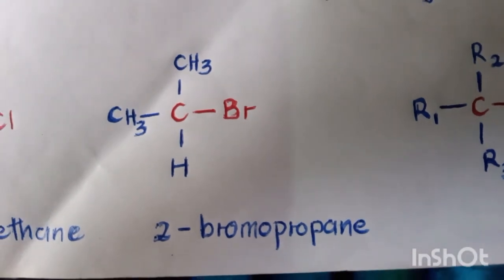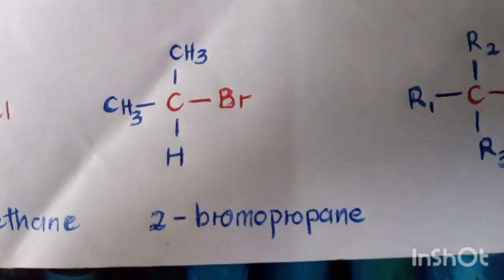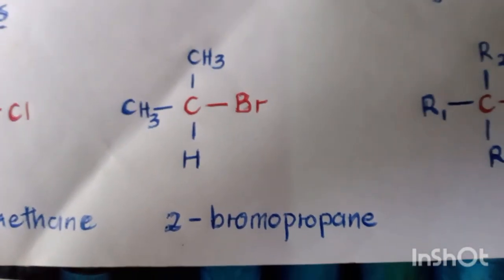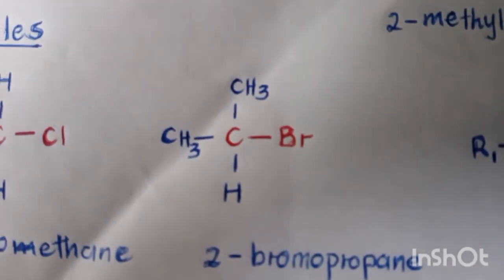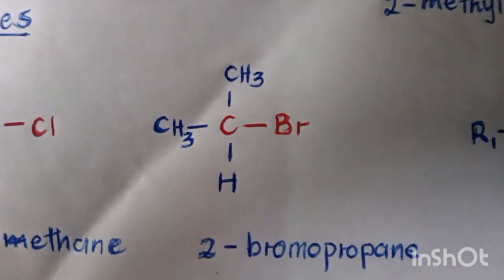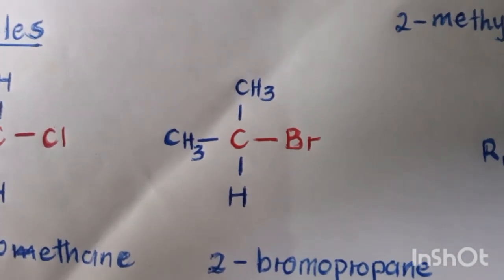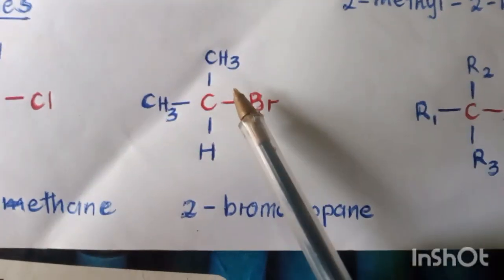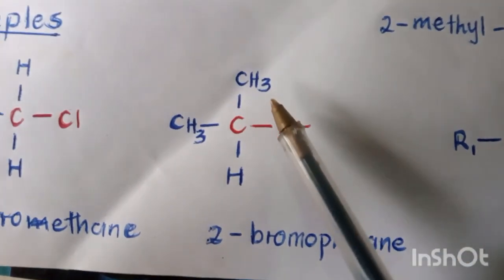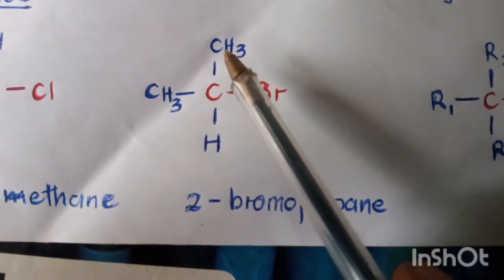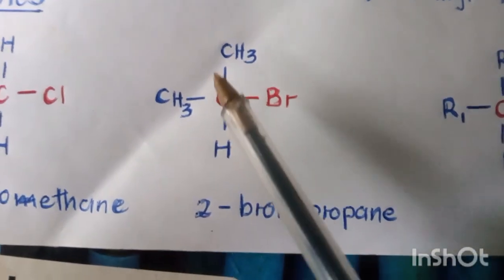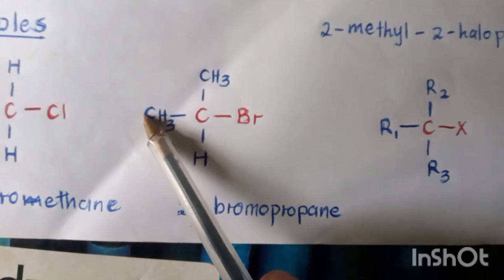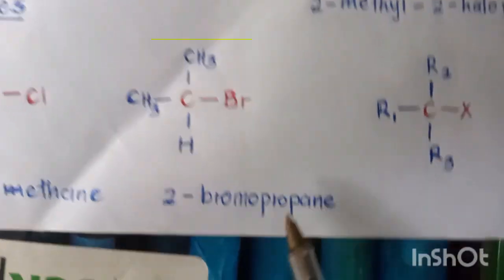Bromine is written as bromo, and then we write the name of the alkane that contains the number of carbon atoms in the compound. In this compound, which has 1, 2, 3 carbon atoms, an alkane with three carbon atoms is called propane.